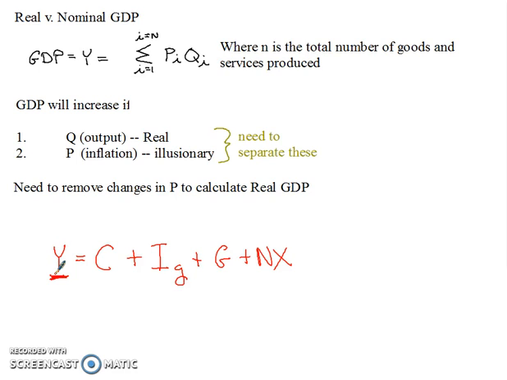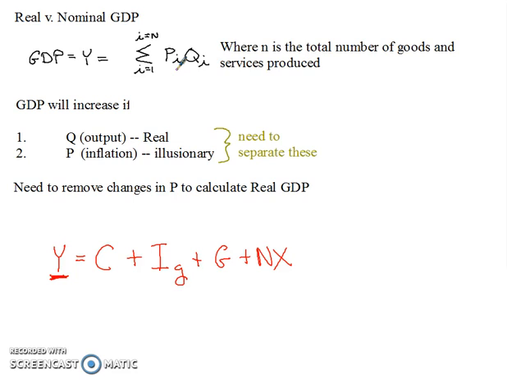Now, one thing that's really important is we've got to keep in mind that when we calculate the gross domestic product, we are calculating it by multiplying the quantity of each good or service that is produced times the price of each good or service. We talked about this when we defined the gross domestic product, which is the market value of all goods and services produced.